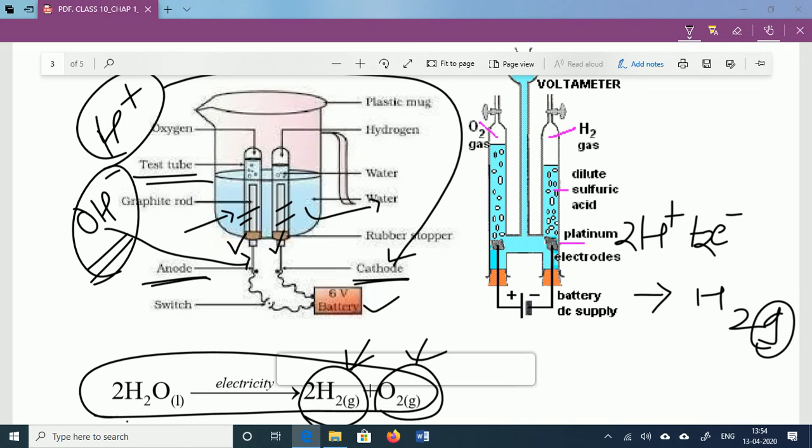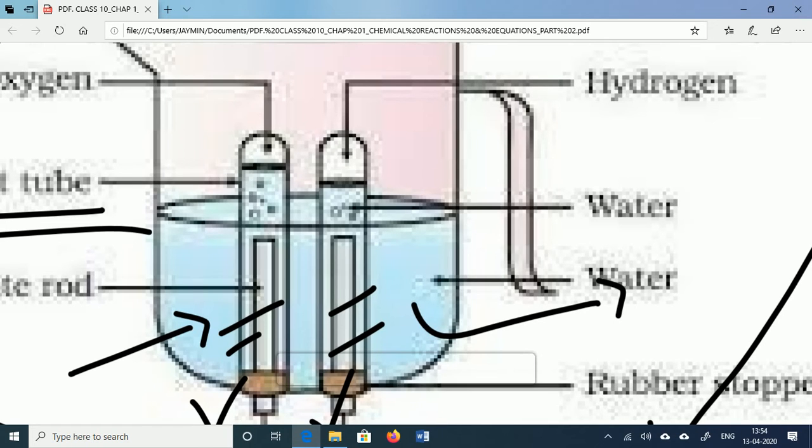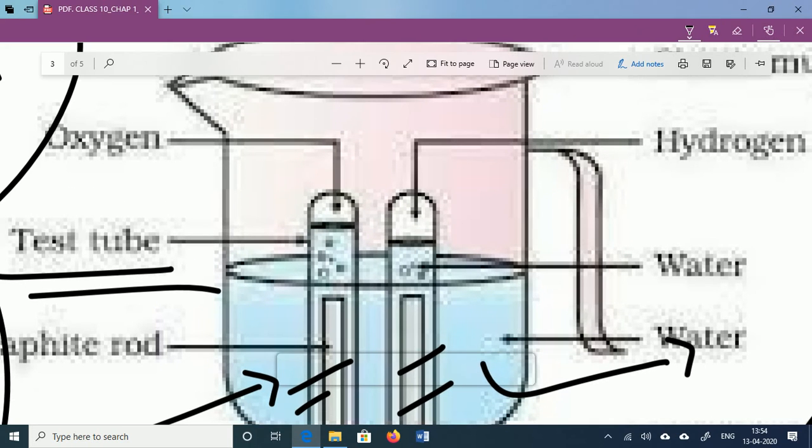So here we observe that oxygen is produced here and hydrogen is produced here. So you can visualize that the oxygen quantity is comparatively less than the hydrogen quantity. Why?